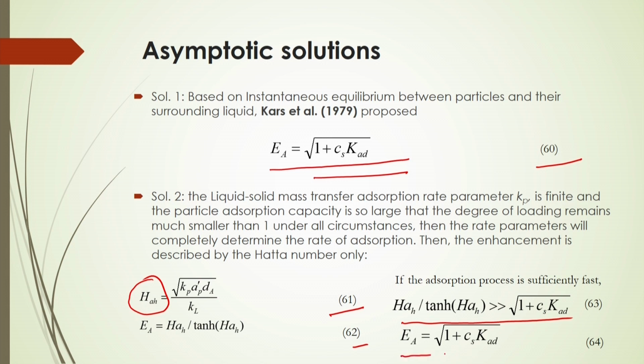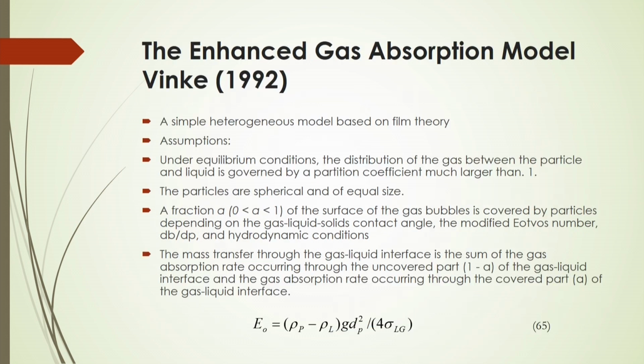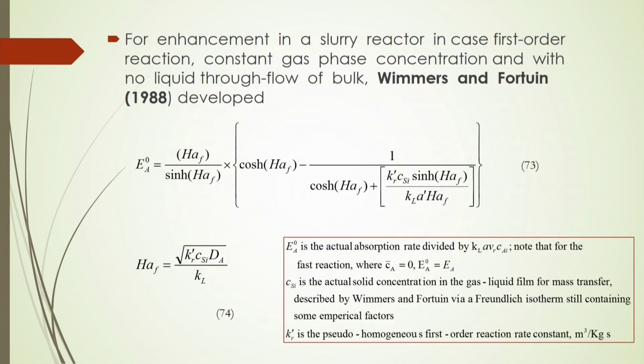So, if the Hatta number criterion given by 63 is matching, then only you will be able to calculate the enhancement factor inside the bed at that particular condition.